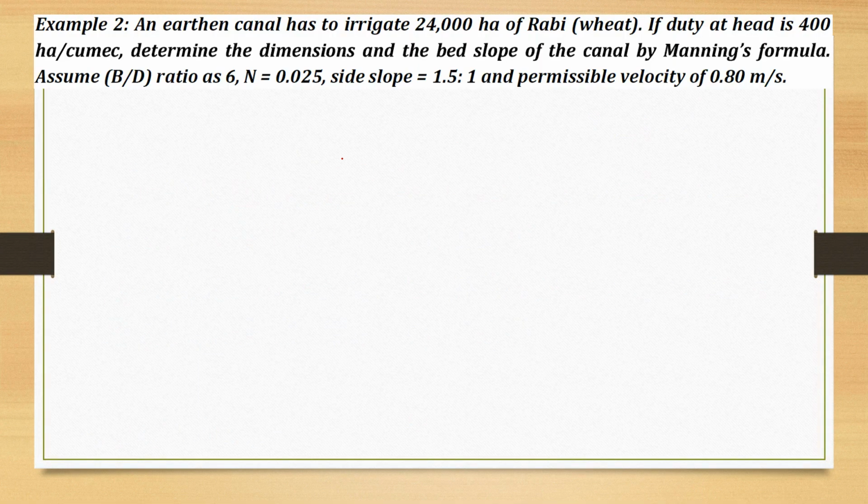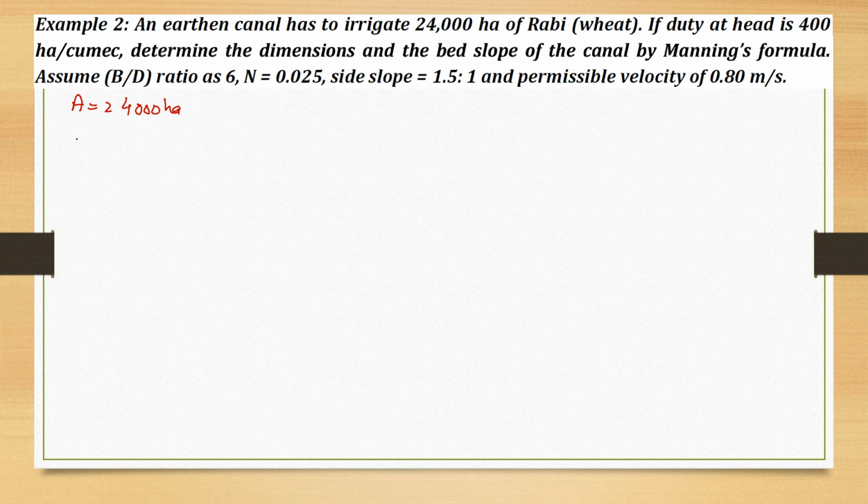So if we move towards the example, here we can see that an earthen canal has to irrigate 24,000 hectares of rabi crop. This means that we have an irrigable land area of 24,000 hectares.